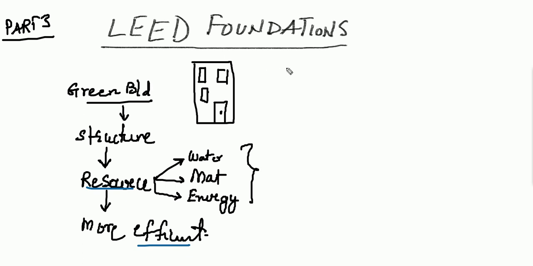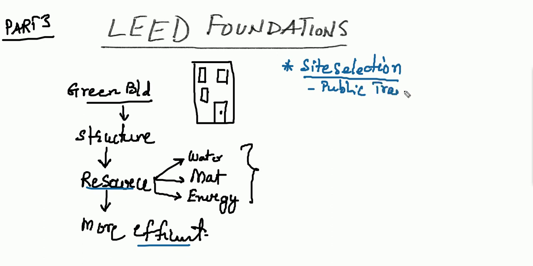One option was site selection, isn't it? It was taught in the last class. Site selection. That means what? You want to make sure your building is not near any public transportation. Why? Because if any public transport is near your house, what will happen?